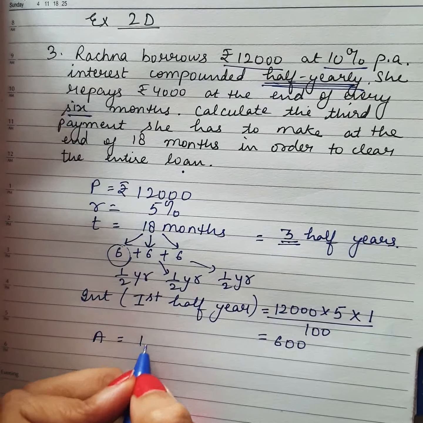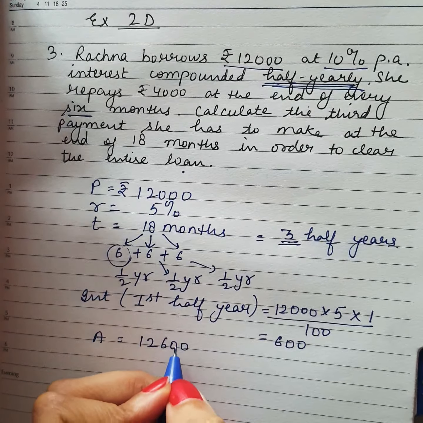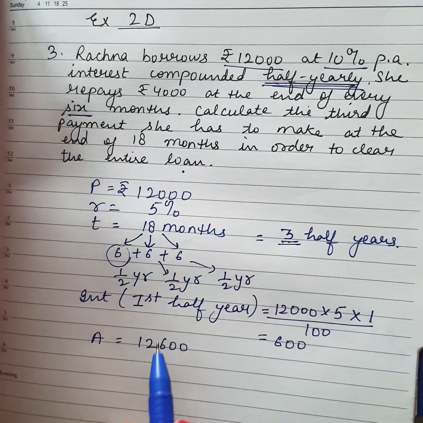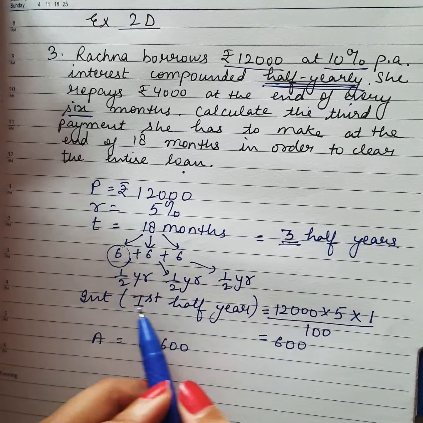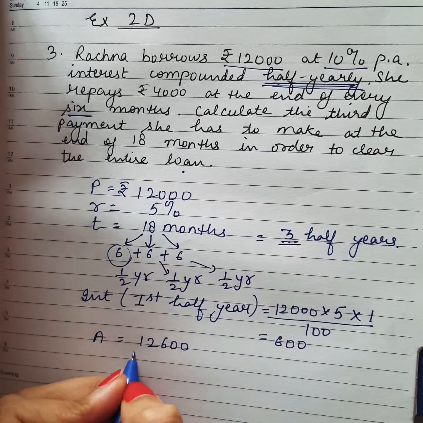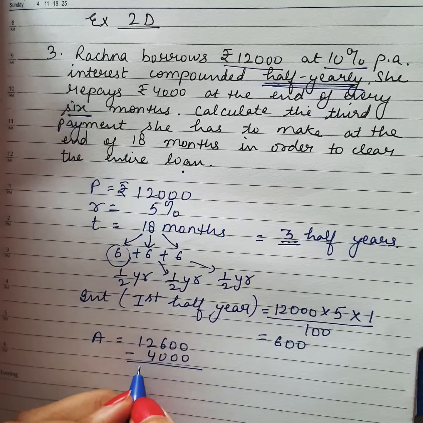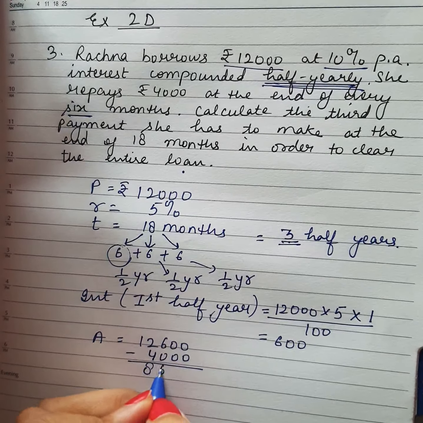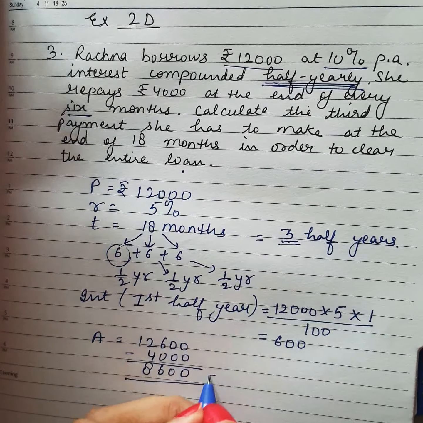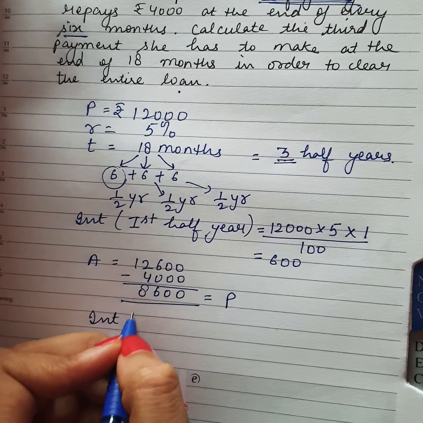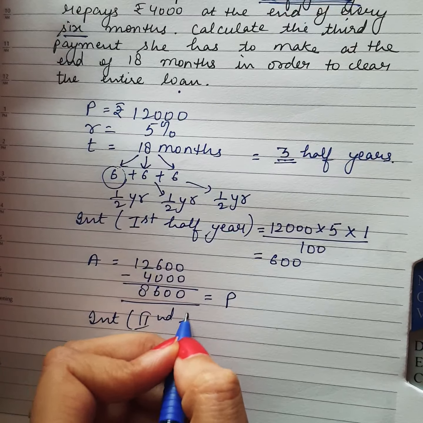Then amount will be 12,600, in which 4,000 she is repaying back in the end of every 6 months. So this is first half year, that means end of this she will return 4,000. So we are left with 8,600, the new principal.